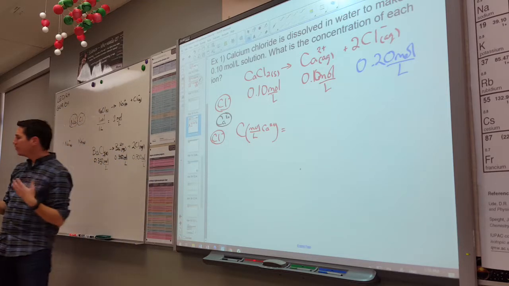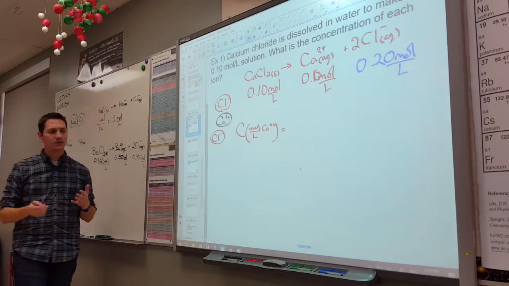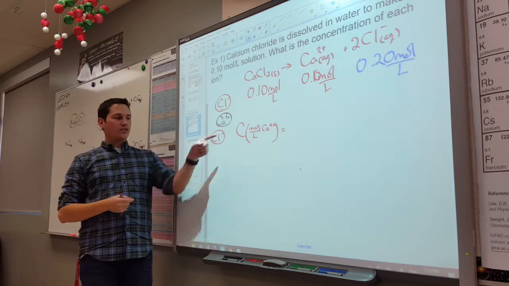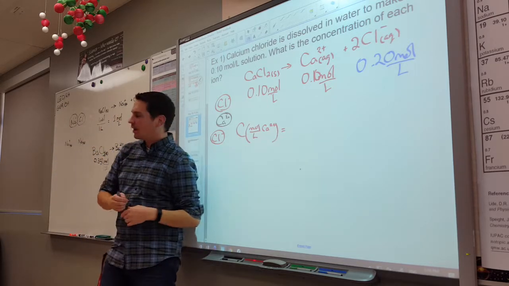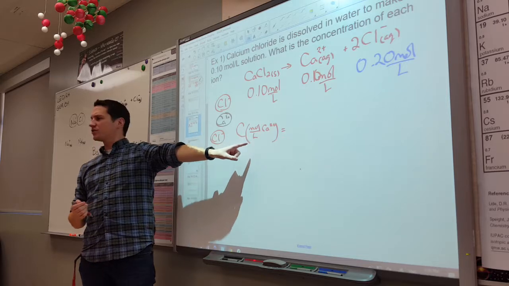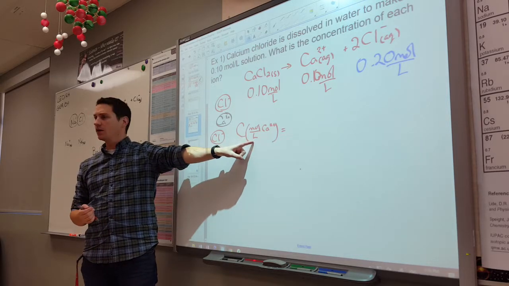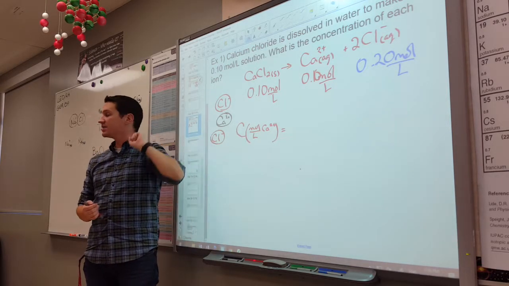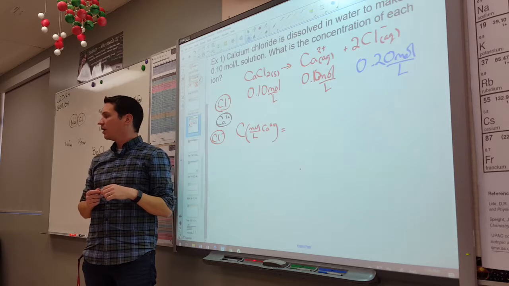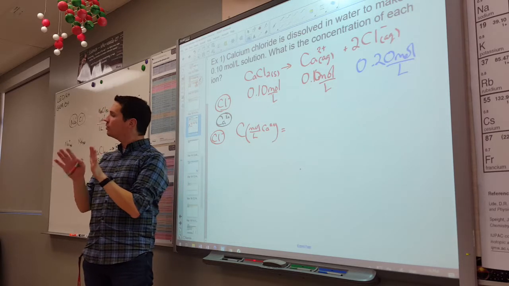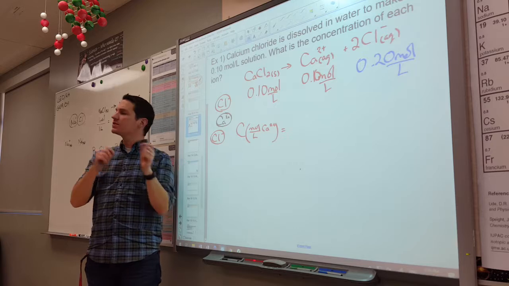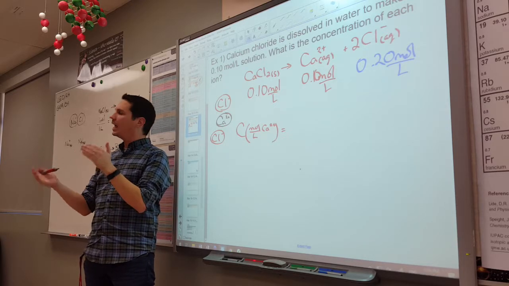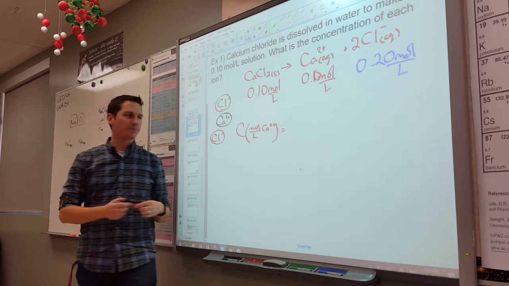You should have a little bit of room. We're going to do 2 of these. The concentration in moles per liter of calcium ions. Well, what do we want to start with? Moles per liter of what substance? Of calcium ions. So we want to start off with moles of calcium on top, and then we can put liters on the bottom.